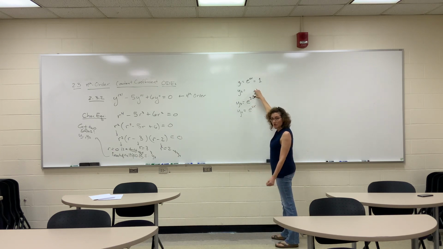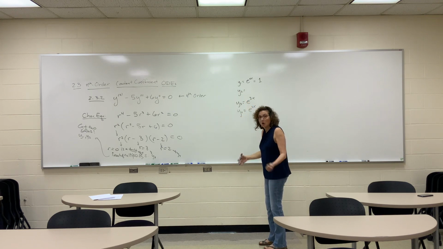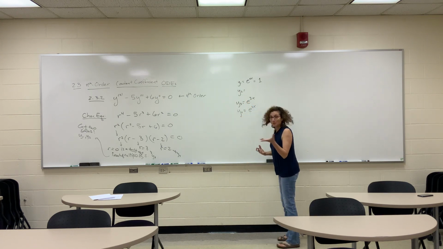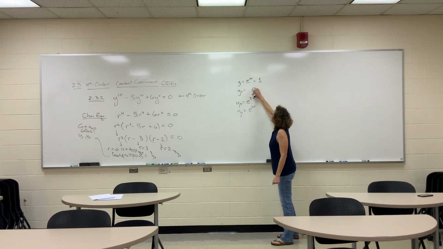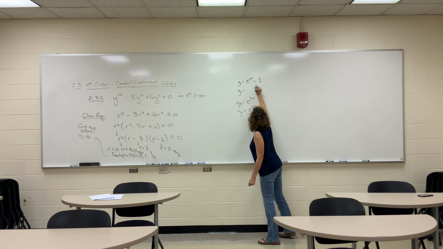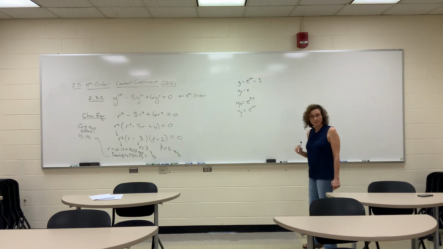And then what is y2, right? It's the second solution associated with the root r equals 0. The reduction of order method, which we went through with repeated roots, says, what do we do? Yeah, multiply by x, right? So x times 1 is x. So there are my 4 solutions, right?